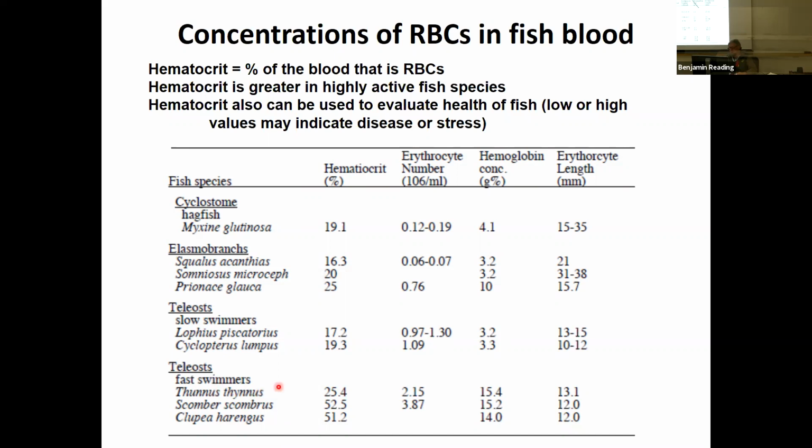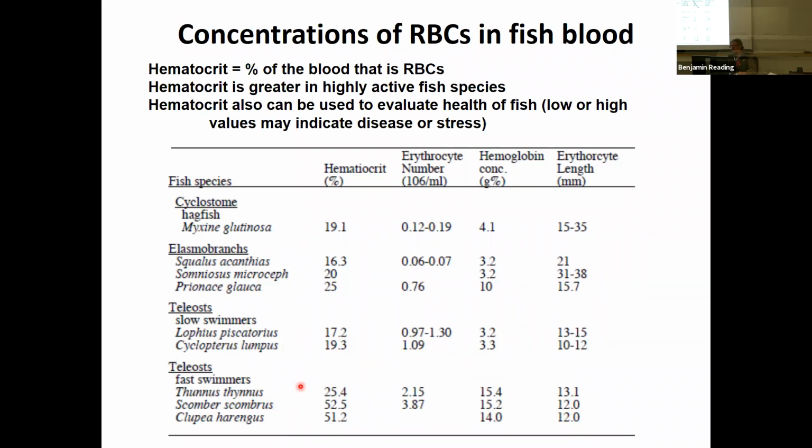Also, I'd like to point out an interesting thing in the physiology. Thunnus, right? This is the warm-blooded tuna. It's active, but unlike the mackerel, the hematocrit's quite a bit different, and this has to do with warm-blooded versus poikilotherm, because oxygen has a tendency to diffuse a little bit differently in the metabolically warm animal.